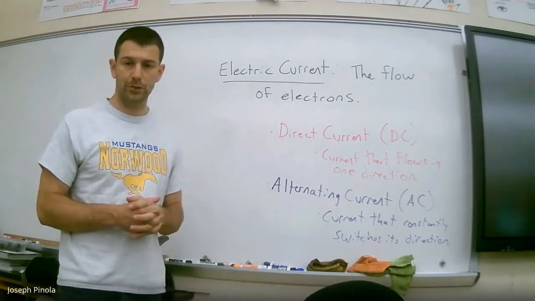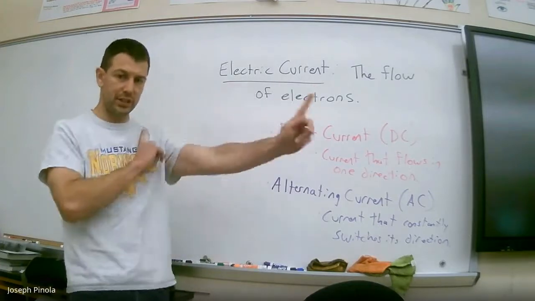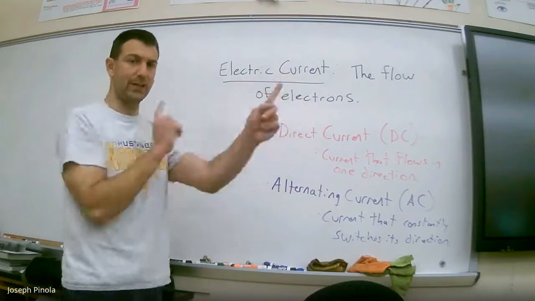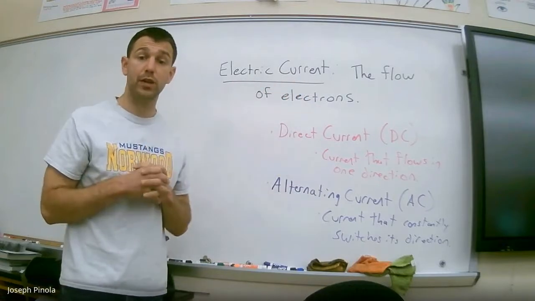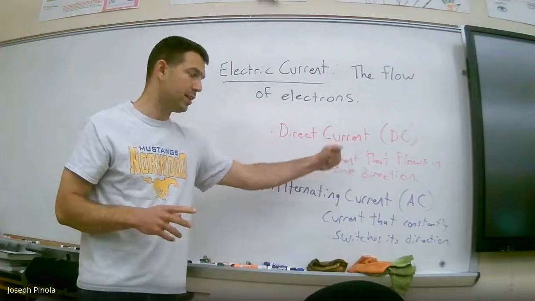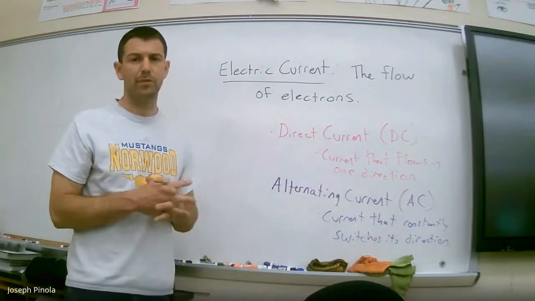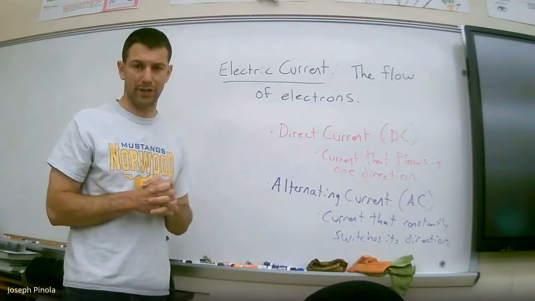That means if you have alternating current, the current is constantly flipping back and forth. These two types of current, DC and AC, are the two main types of current that exist in the world today.